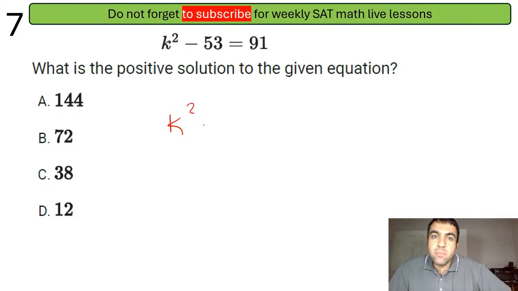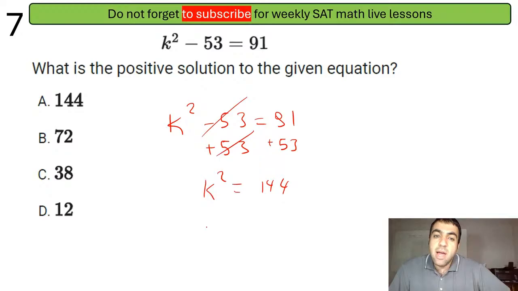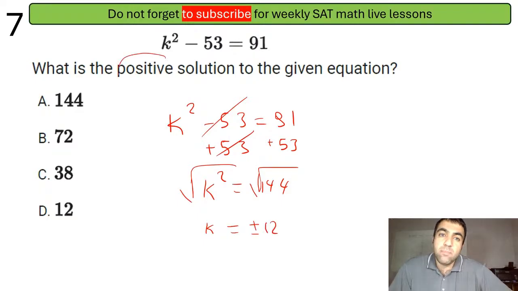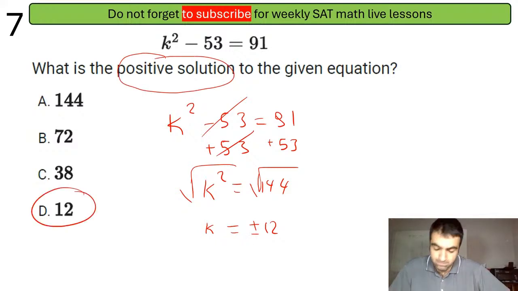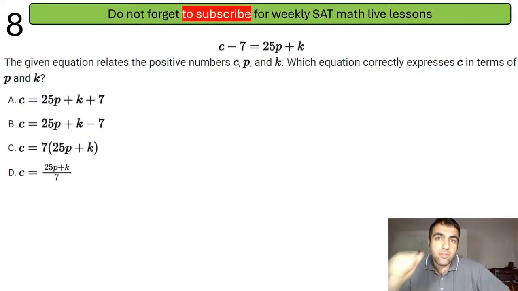K squared minus 53 is equal to 91. We can add 53 to both sides of the equation, right? K squared is equal to 144. And for K, we can take the square root of both sides of the equation. K is equal to positive and negative 12, but we are asked to find the positive solution, so the answer is D. Mr. Shahin, you are right. Next question.